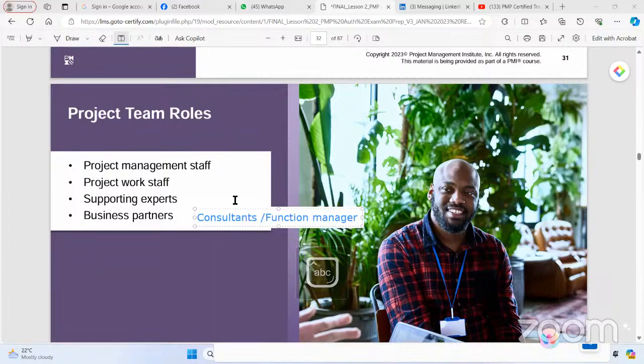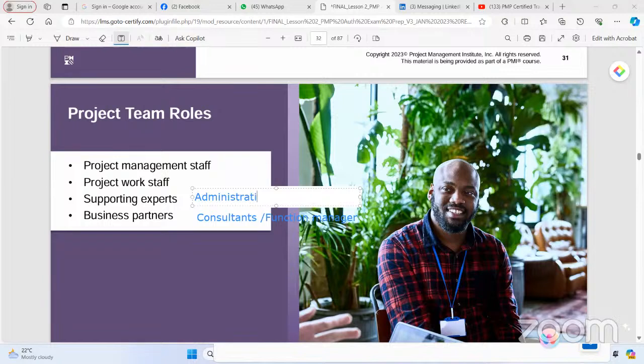It may be composed of various other support departments like administration or HR. So you may have team members from administration or HR who might support you with the project support activities.